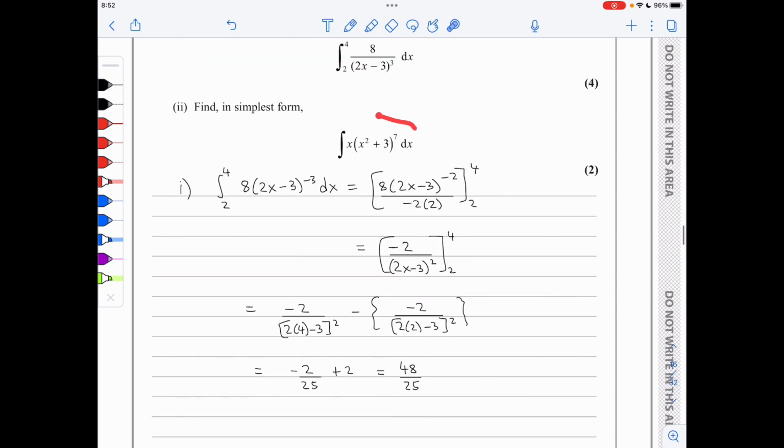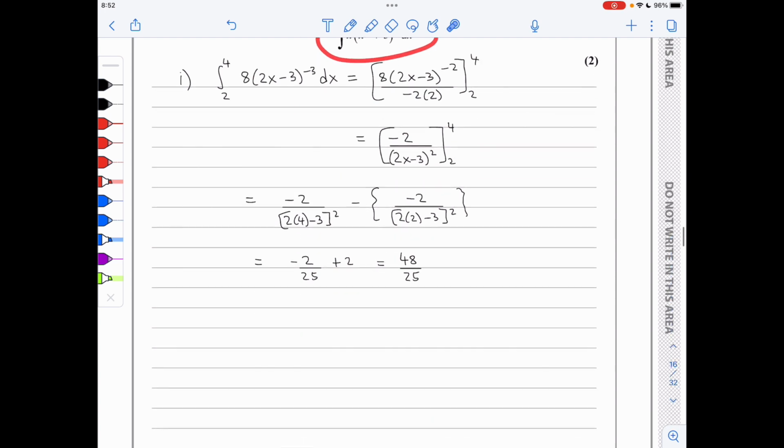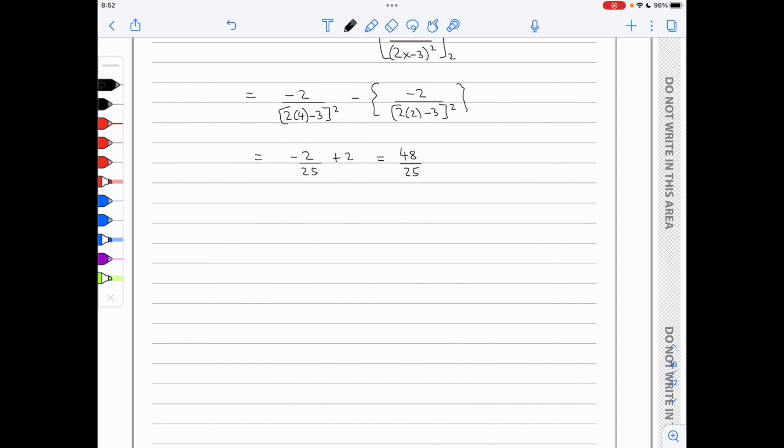In II, it's the integral of x brackets x squared plus 3 to the power of 7. So I will be using the reverse chain rule here. So it's the integral of x (x squared plus 3) to the power of 7 dx. So we notice that the derivative of x squared plus 3 is 2x. So what I will do, I will multiply by 2 and divide by 2 to counterbalance the effect.